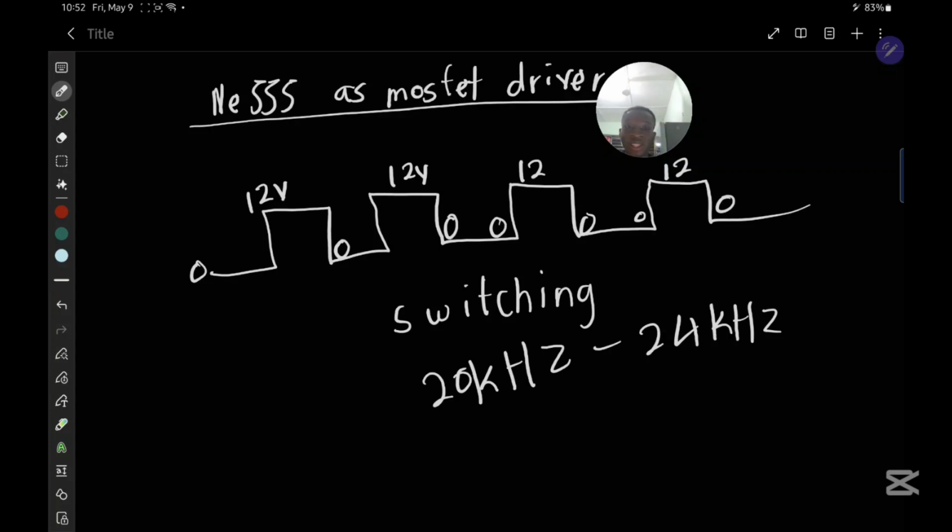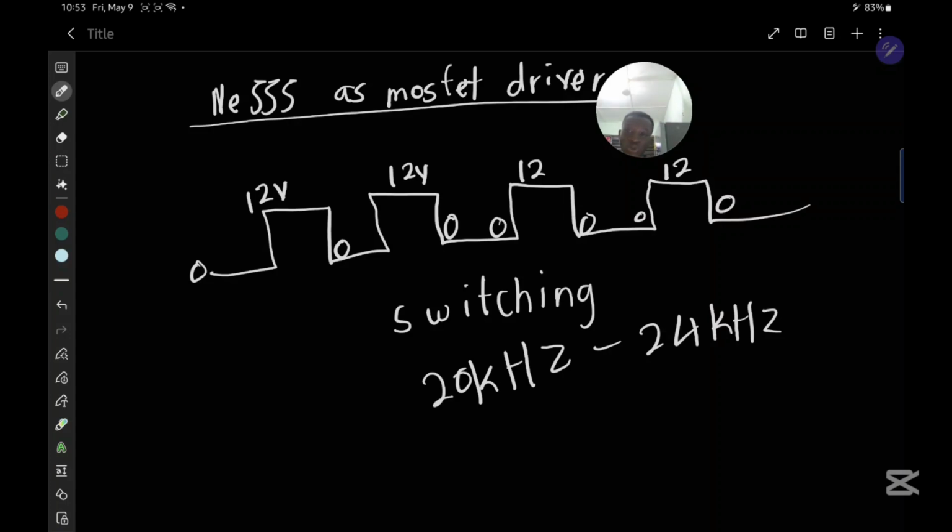By varying the switching speed, we perceive brightness. At the highest switching speed, that's a duty cycle of 100%, the signal is effectively at its normal high voltage. So if it's a 12 volt signal that we are inputting, it is at 12 volts.